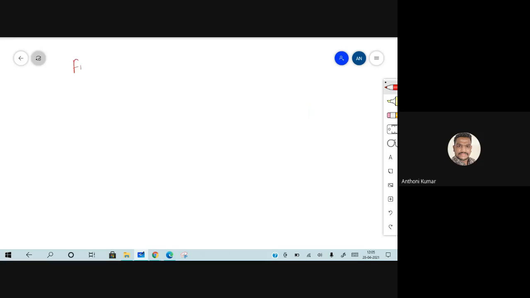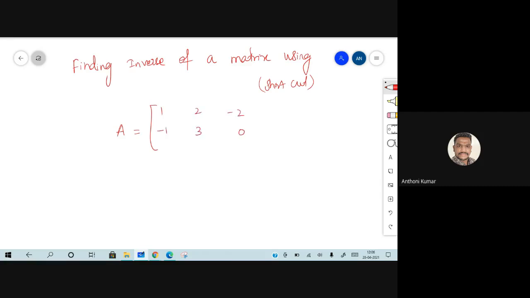The problem goes like this: finding inverse of a matrix using shortcut method. The given matrix A is 1, 2, minus 2, minus 1, 3, 0, 0, 2, 0, minus 2, and 1. So this is the A matrix.